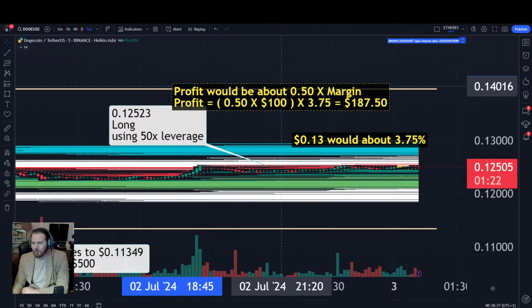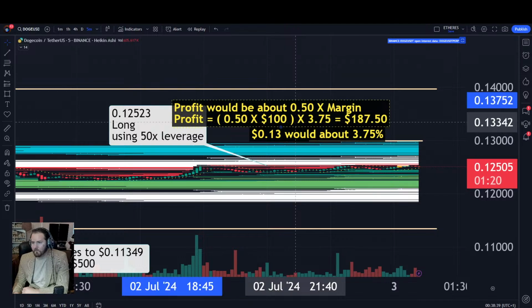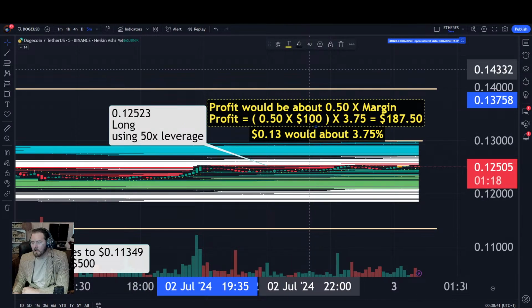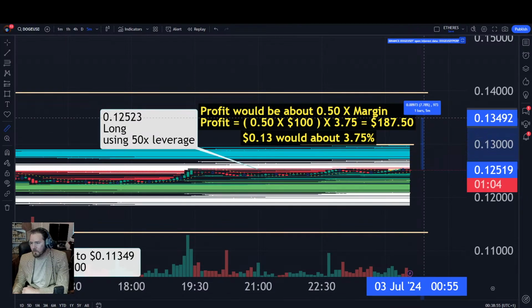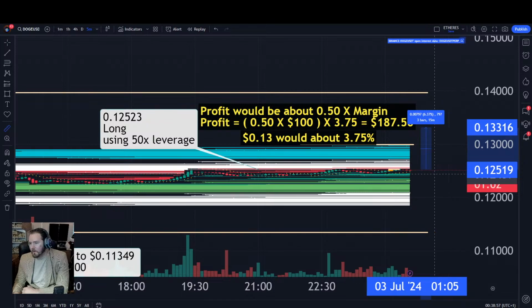If I take profits a little bit higher though, $14. How much would I earn at $14? It's not exact.